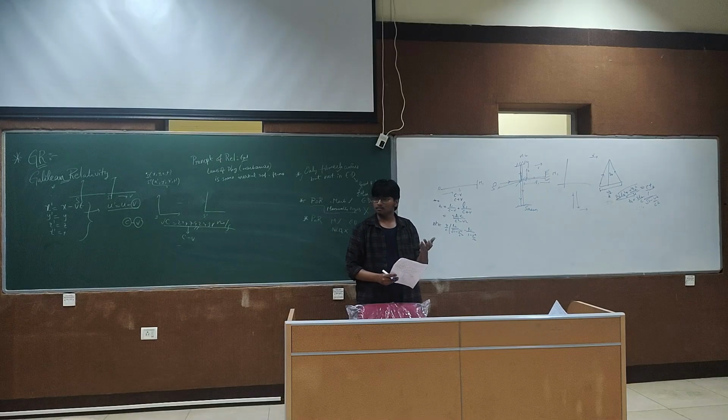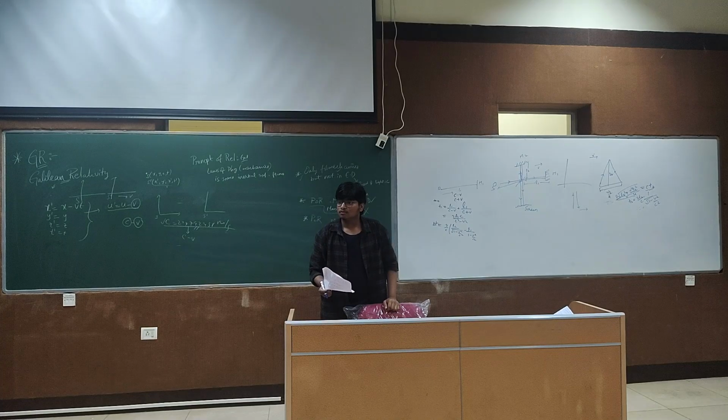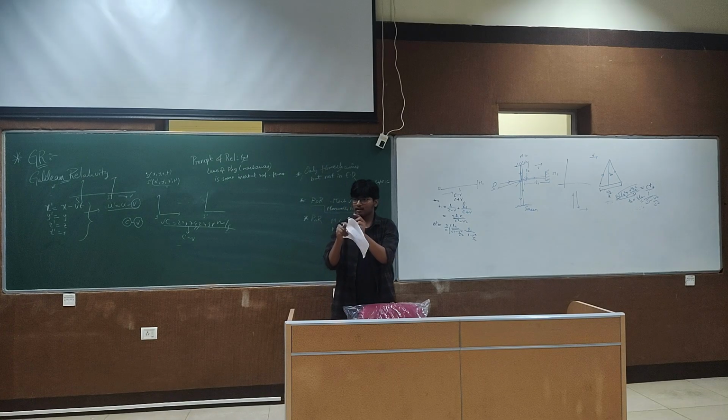Earth's reference frame. Both are in Earth's reference frame. So the light wave is reaching that point at different times, t1 and t2. The first ray was reaching that point at time t1 and another at time t2. So there is technically a time difference between both the paths.